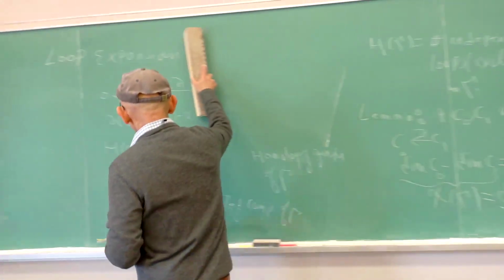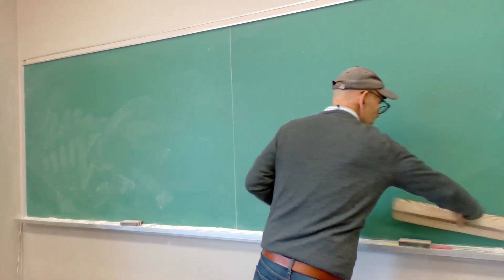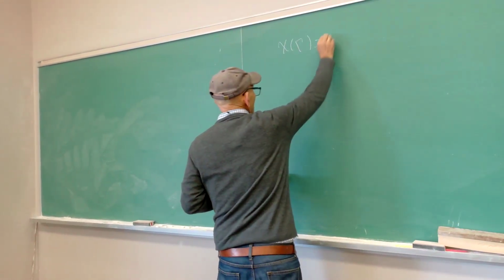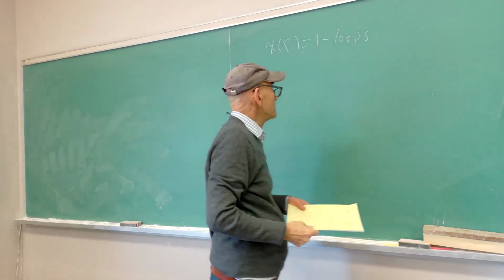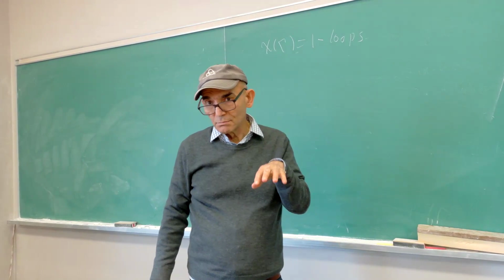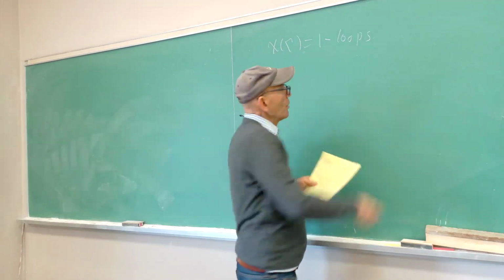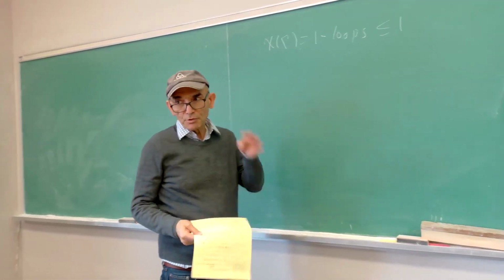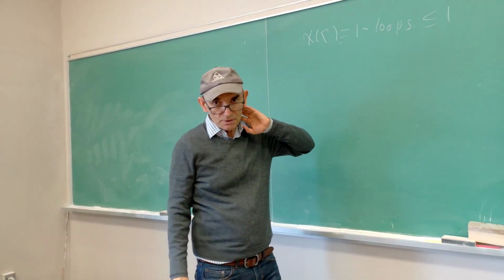So the Euler characteristic is one minus loops. Because the number of loops is a non-negative number, 0 or 1 or 2, this is always less than or equal to 1. It could be 1, it could be 0, but in most cases it's negative.